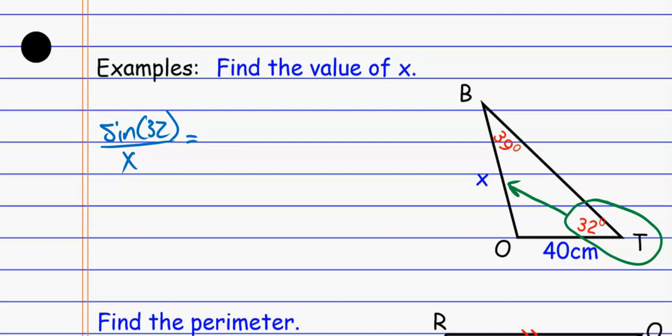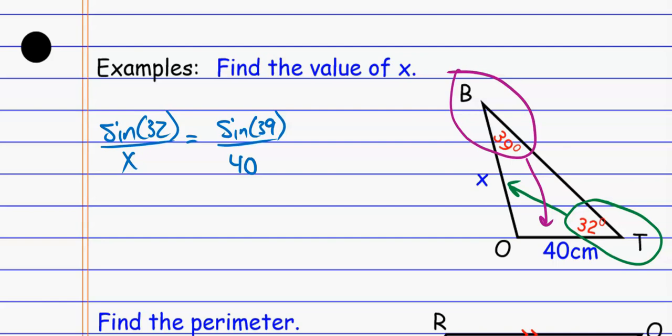So I look around the triangle and say, I have this angle as well, angle B, which is 39 degrees. So the sine of 39 degrees over its opposite side. The side that's opposite of this angle is the 40. And that's it. That's my proportion.